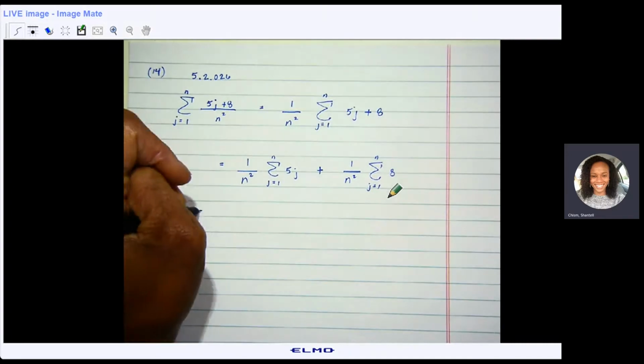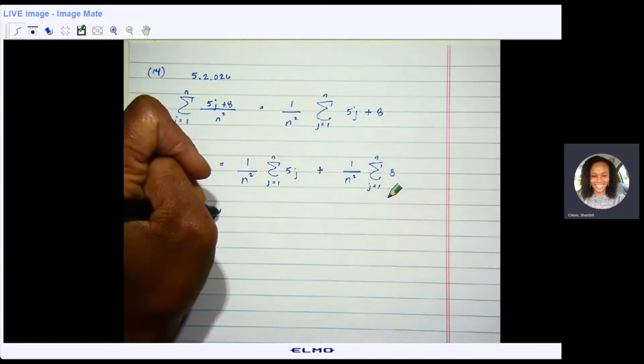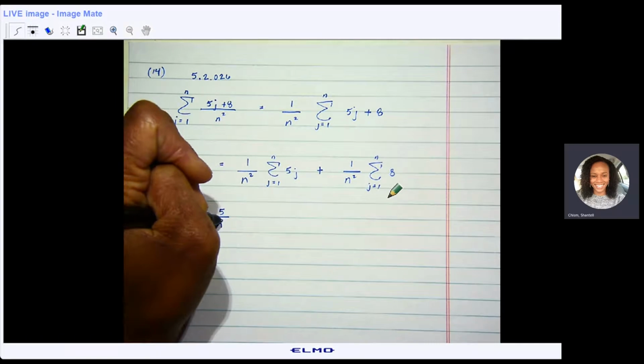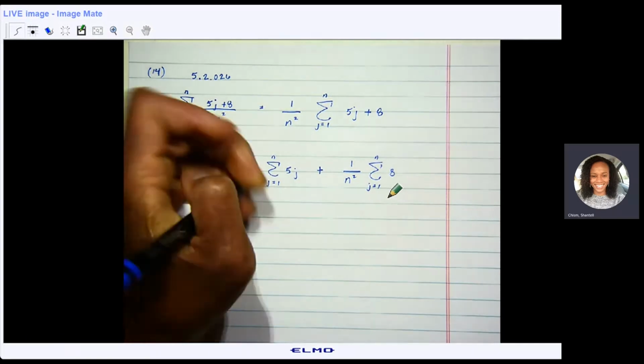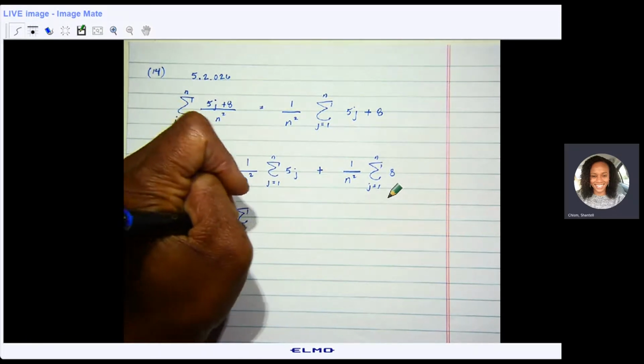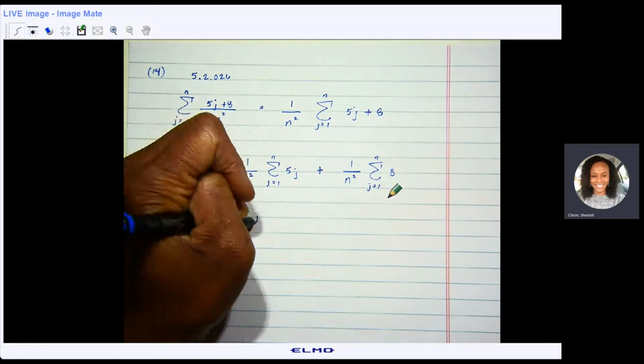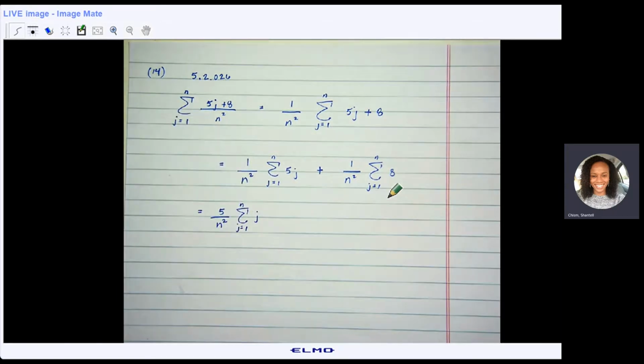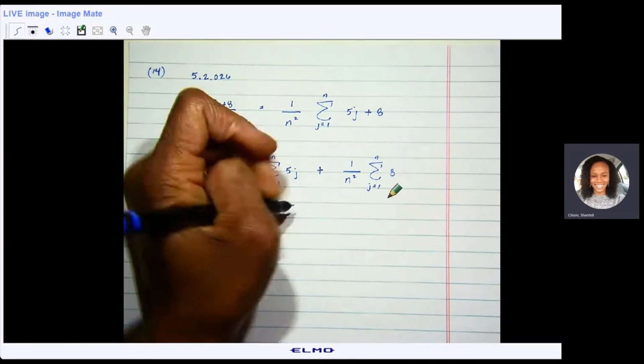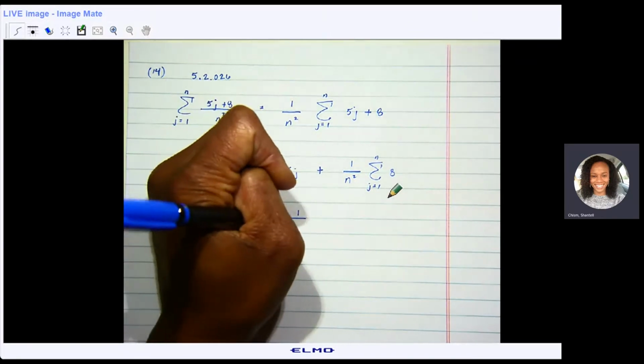Okay? So that 5 is going to come out basically kind of with the n squared in a way. You could pull it over there. And so we're just trying to find a way to express the summation of j in a simplified way without the summation symbol. And here with the constant.